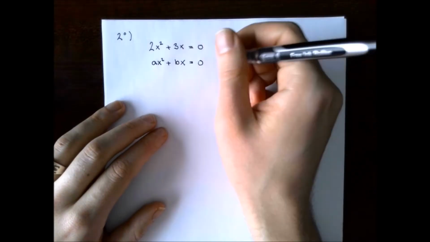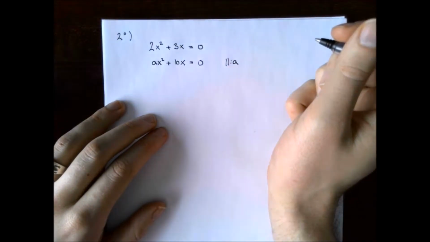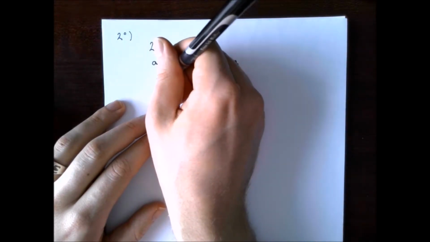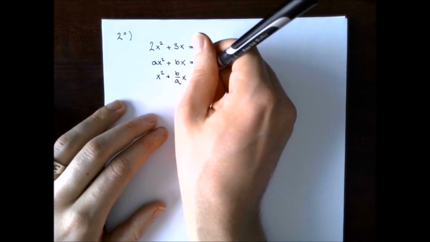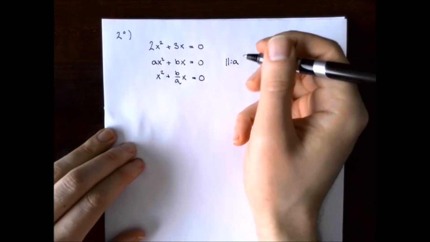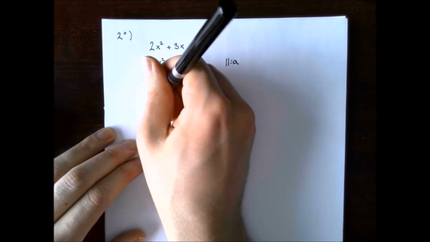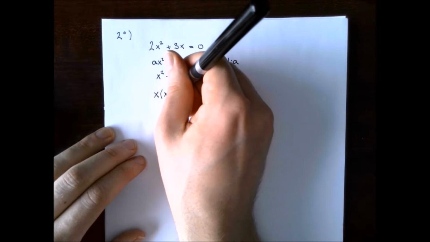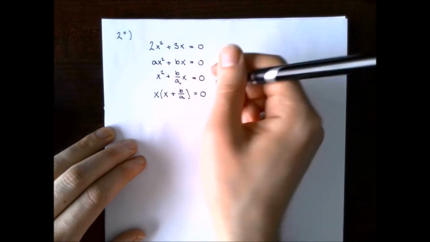So the method of solving this is that first we divide by a. We're going to end up with x squared plus b divided by a times x is equal to 0. Then we take x as a common factor, so we can write the left hand side as x times x plus b divided by a is equal to 0.